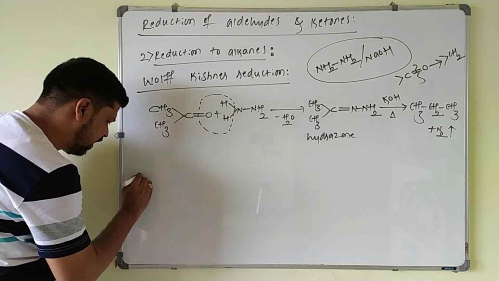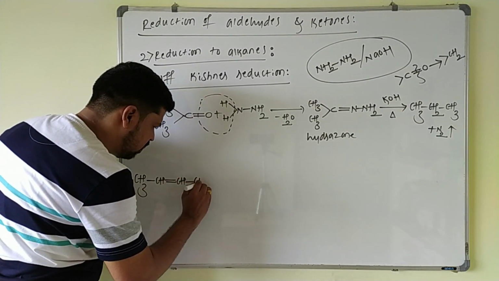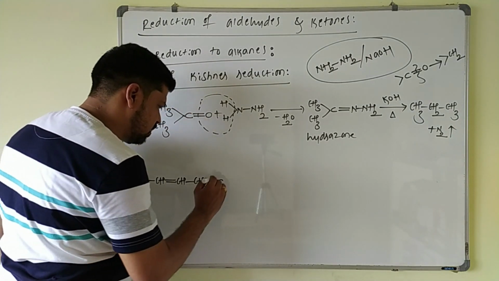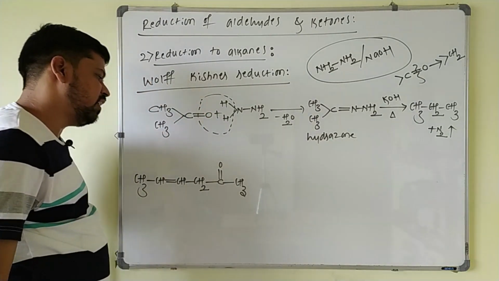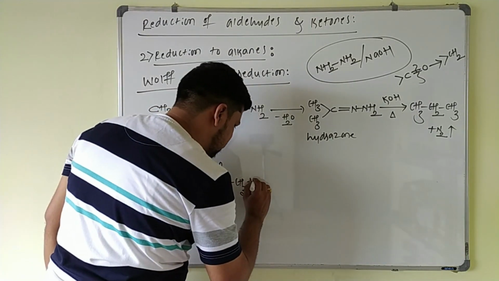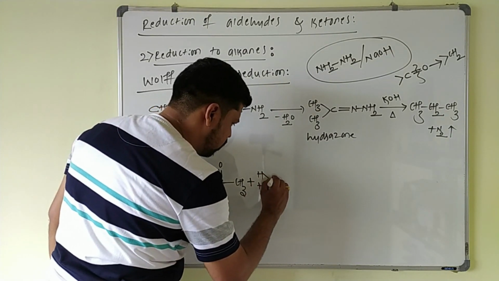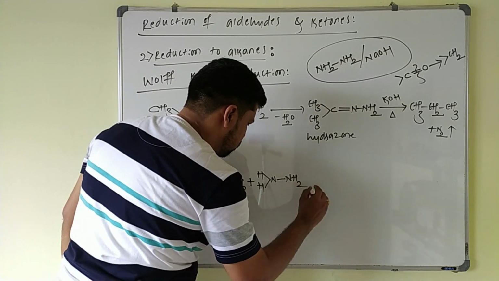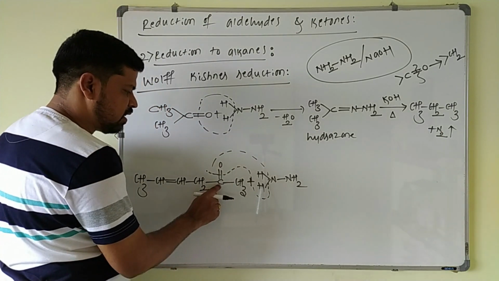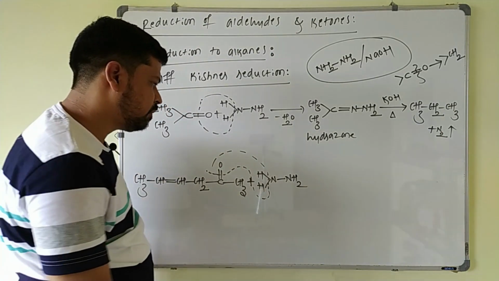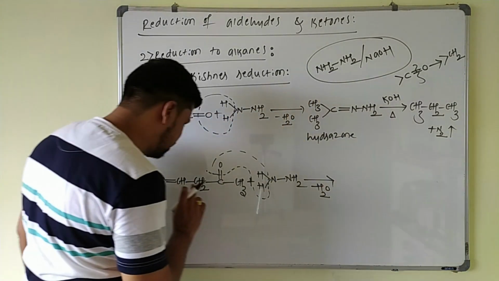For example, if I write CH3, CH double bond, this is CH2, this is C double bond O, and I will write CH3 here. This on treating with hydrazine. Again, what happens here? Hydrazone will be formed. So just you remove this water molecule like this, and this carbon is connected to the nitrogen with a double bond to form hydrazone, and this double bond is not at all affected.